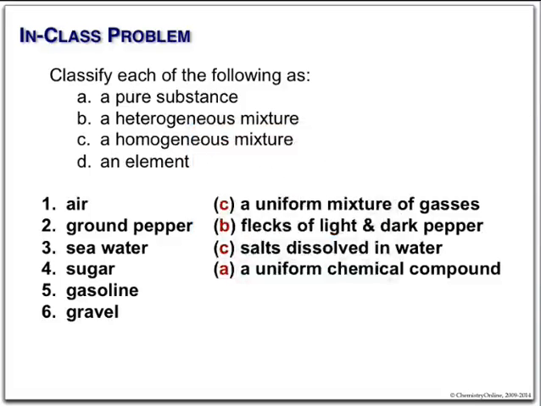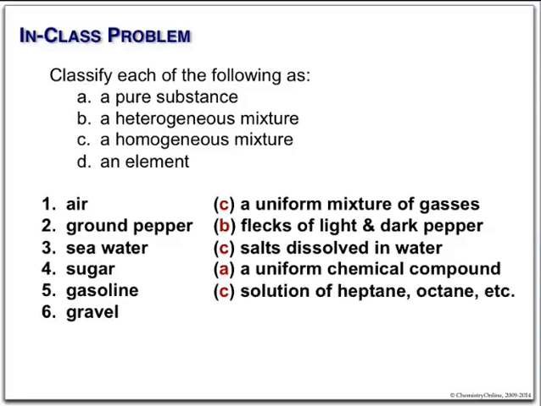Gasoline. Well, we know that when we go and buy gasoline we get to choose the octane level. Octane is an organic hydrocarbon, and gasoline is a mixture of lots of different organic hydrocarbons.